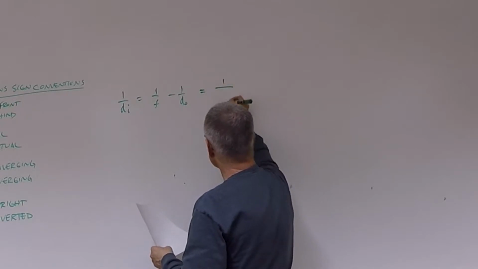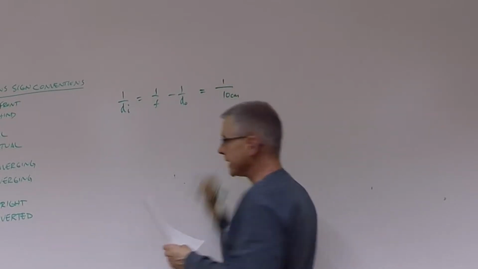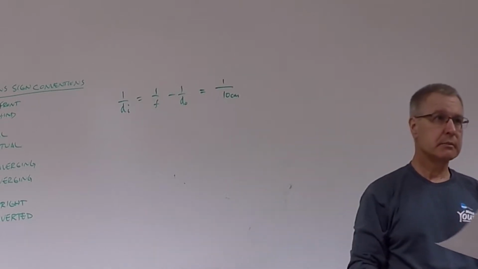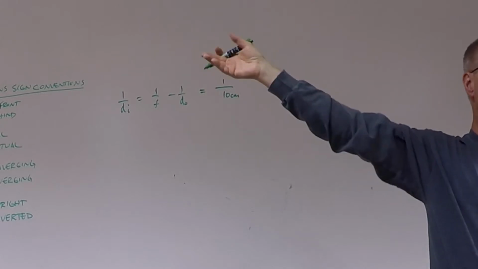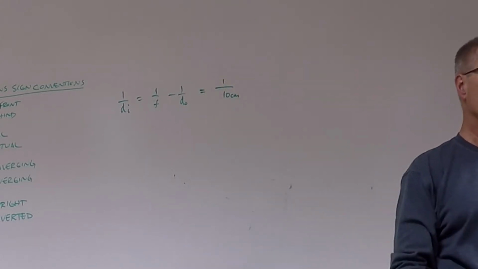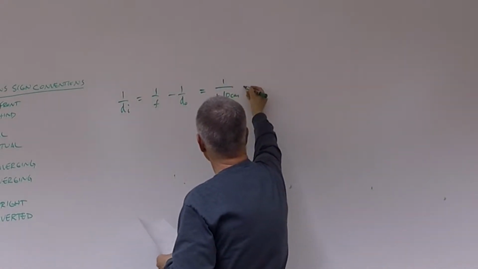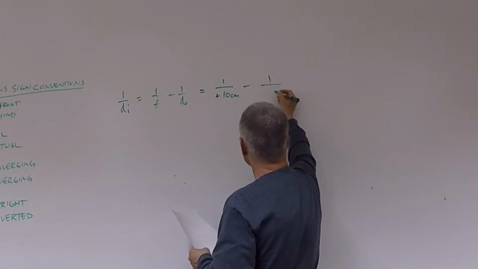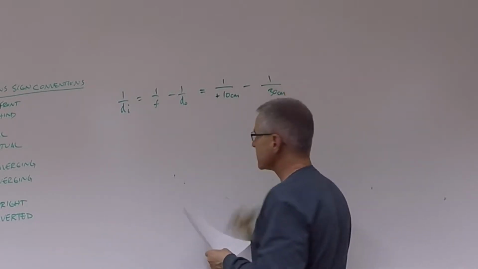So focal length with 10 centimeters. Is that plus or minus? What kind of lens do we have? It's a converging lens. So is that plus or minus on that focal length? It's plus. Minus 1 over distance to the object. So we're 30 centimeters away from the lens.